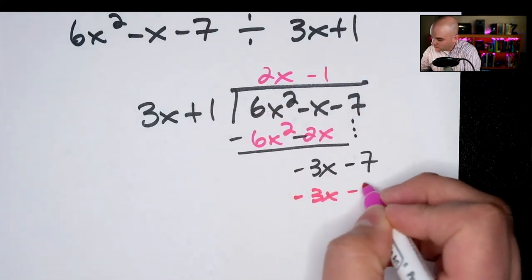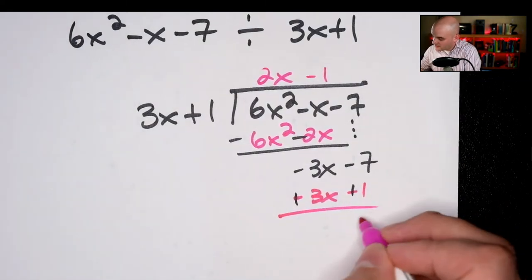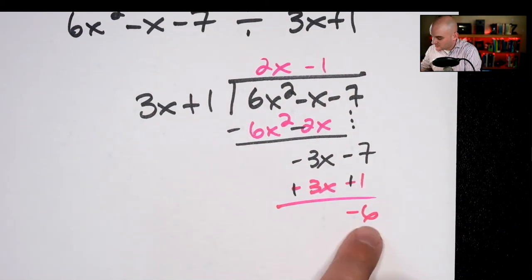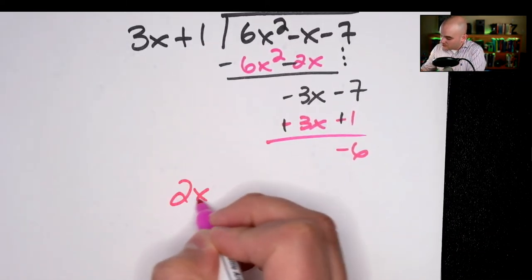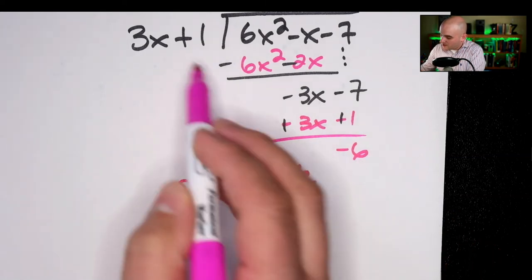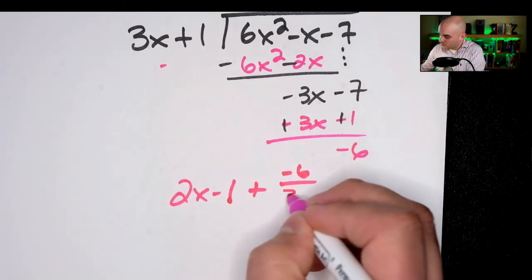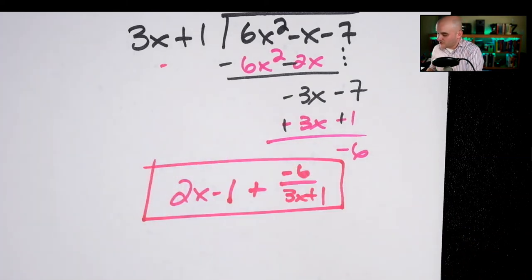Negative 1 times 1. Flip the signs and add. We get a negative 6 right here. And that's going to be our remainder because 3x will not divide into that evenly. So how do I write my answer? Well, it's 2x minus 1 plus the remainder divided by that divisor right there, 3x plus 1. Boom. We're done with that one.